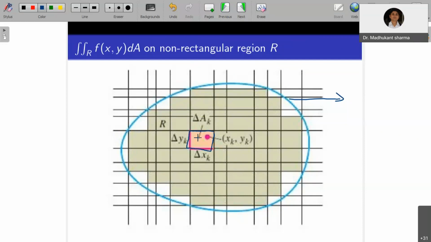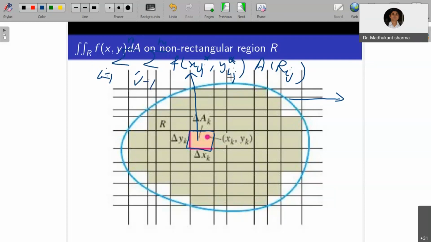You are going to get the height at some tag point, f of xij star comma yij star, times the area of Rij, and perform the double summation, i equals 1 to n and j equals 1 to m.